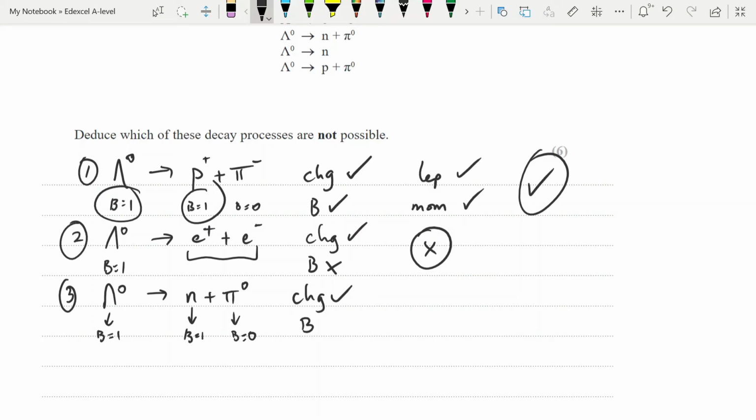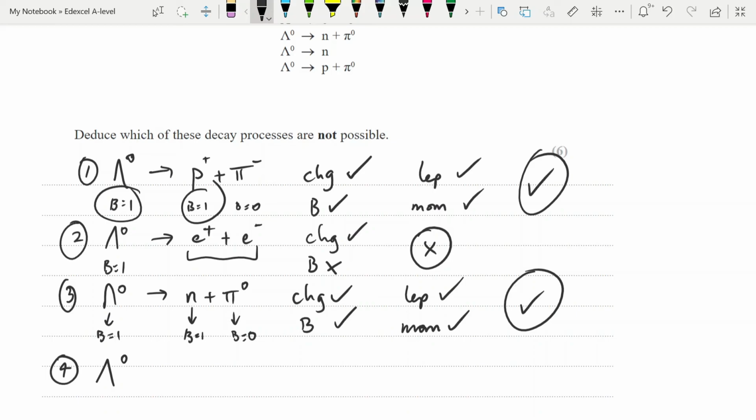We've established that earlier on. So our baryon number is conserved. It's all good. Lepton number, conserved with no leptons left or right, so it's 0, 0 again. And again, our momentum is potentially conserved because our single particle decays into 2 particles, which could go in opposite directions. So we're going to go ahead and say interaction 3 is possible. We have no information on mass energy.